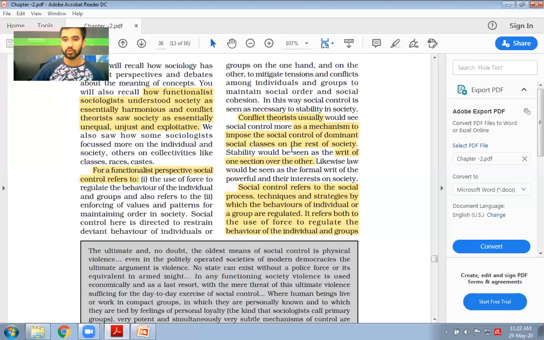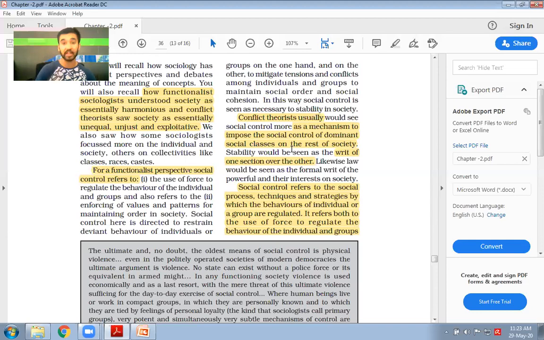Yesterday also I told you that they say social control means when a ruling class, the class that is dominating, tells the rest of the society to work according to what they think, and the rest of the society should work just as the dominant classes are saying. That is what social control is all about.